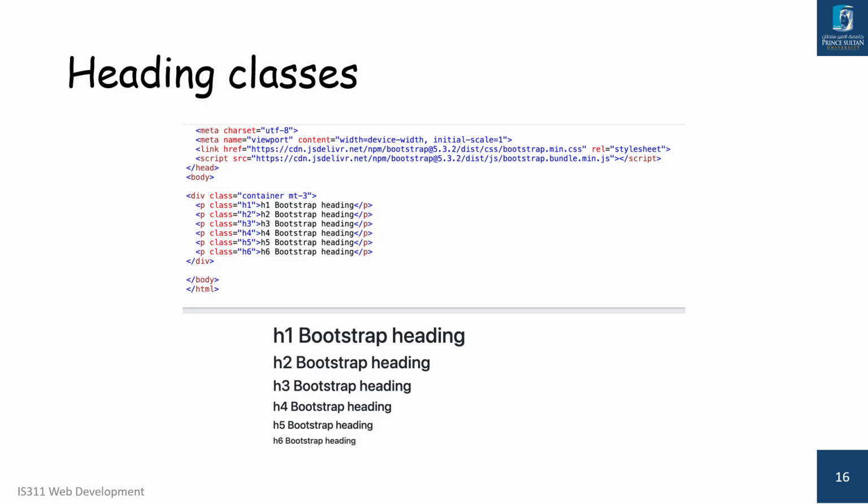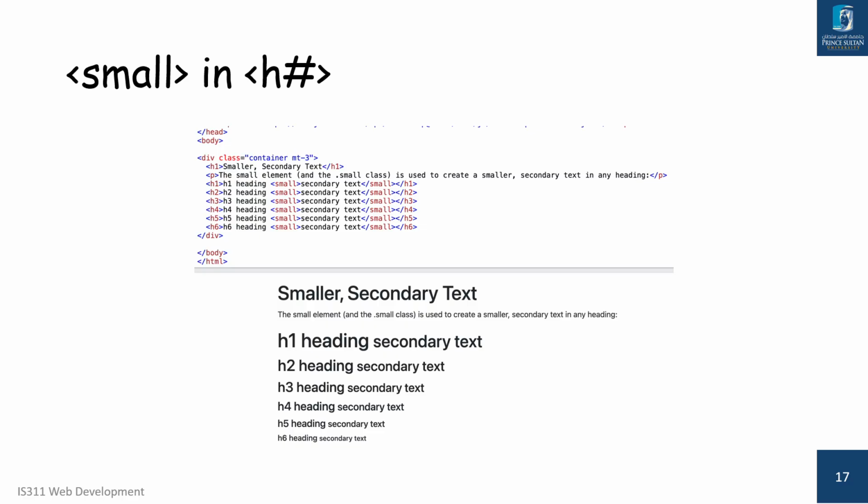And here is one more example. Actually, here I am defining the classes rather than the h1 tag, h2 tag, h3 tag. They have also defined the classes .h1, .h2, .h3, and we can apply that style using the class attribute. Is it clear? Here we also have the secondary text.